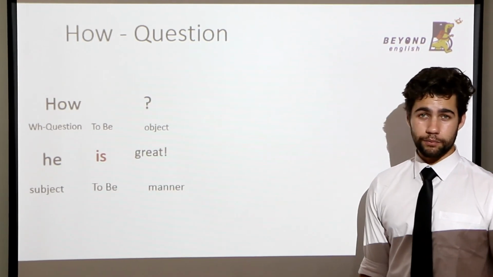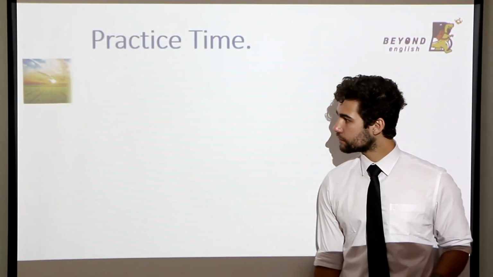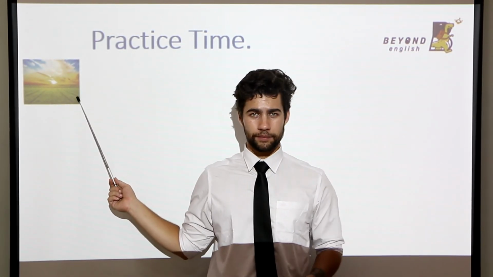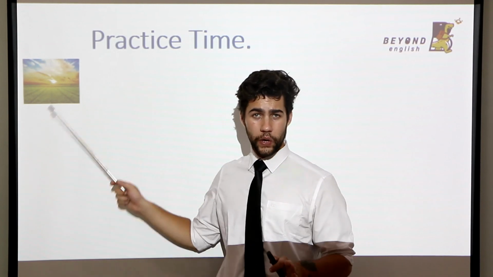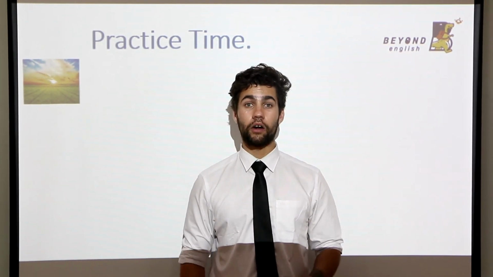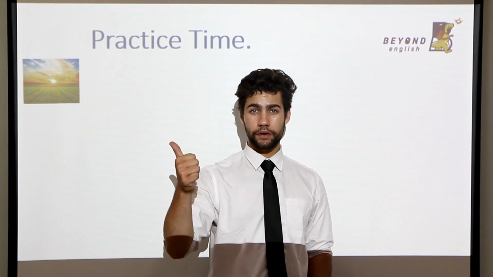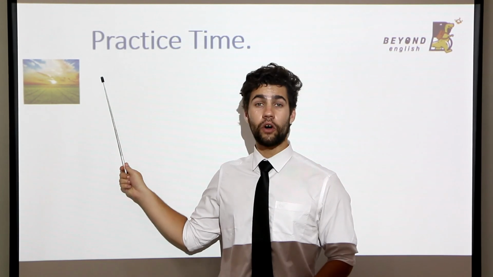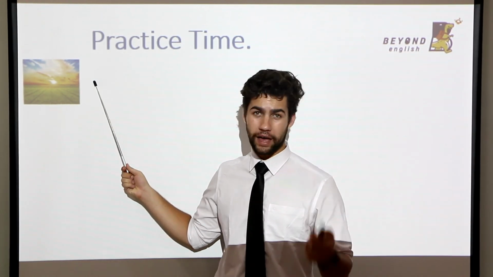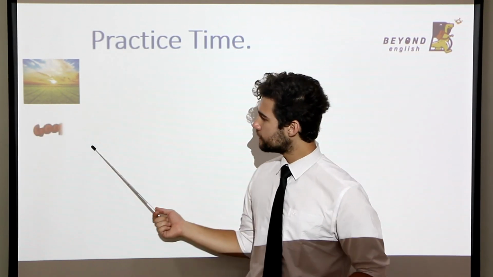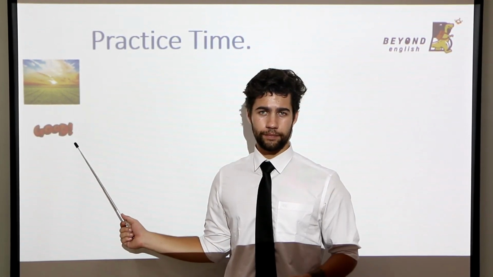Now, let's do some practice time. Over here, we have the word sunny. If you don't know this word, please go look at our episode for weather and seasons. We did this already in our vocabulary. Okay, let's continue. Next, good.